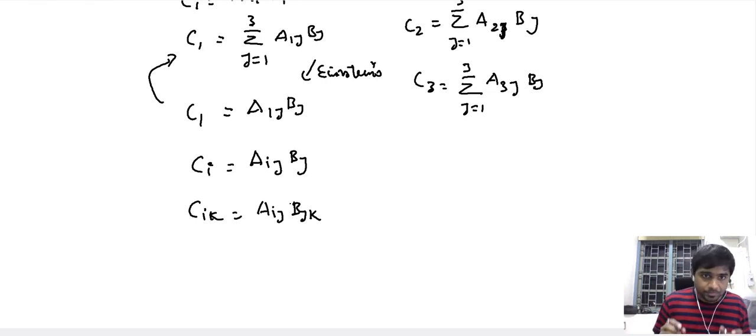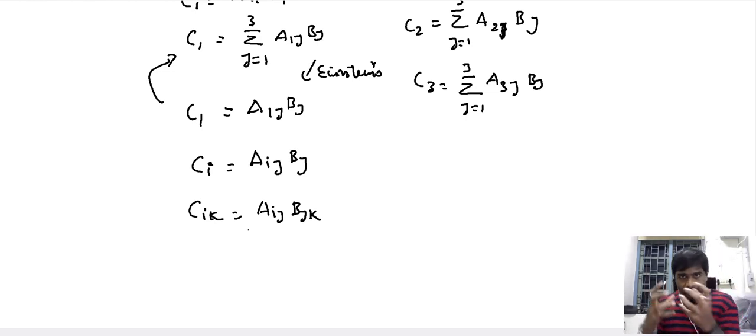And as you can see, just a way of understanding this product is that when you consider the product of two matrices and you are able to identify the dummy indices, the product term is written without these dummy indices. Let me repeat. You are considering the product of two matrices and we are relating it to another matrix. And now when you are able to identify the dummy indices in the two matrices that you are multiplying, these dummy indices are removed while you are expressing the product matrix.